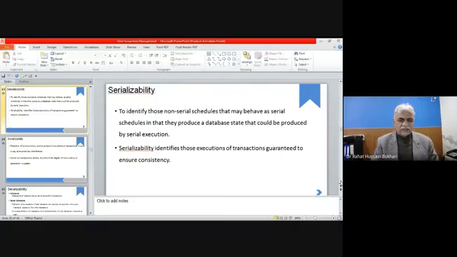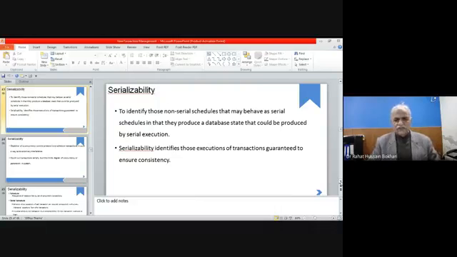Serializability is very much related to transactions being carried out in a serial way. If they are not carried out serially, but they produce a database state that could be produced by a serial execution, it may be considered that they have been carried out serially.